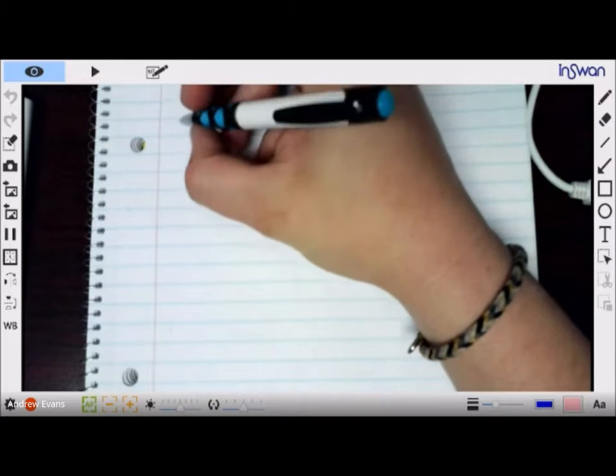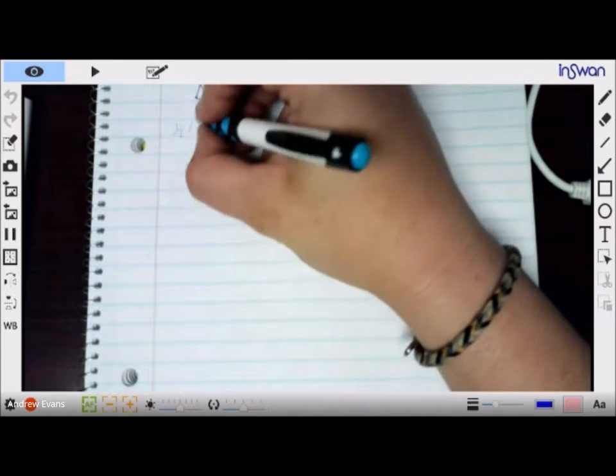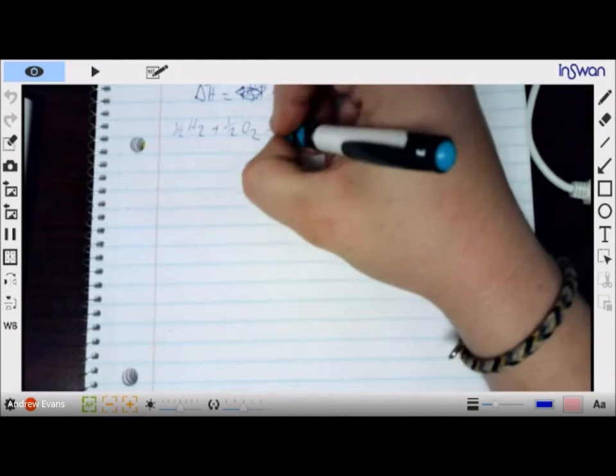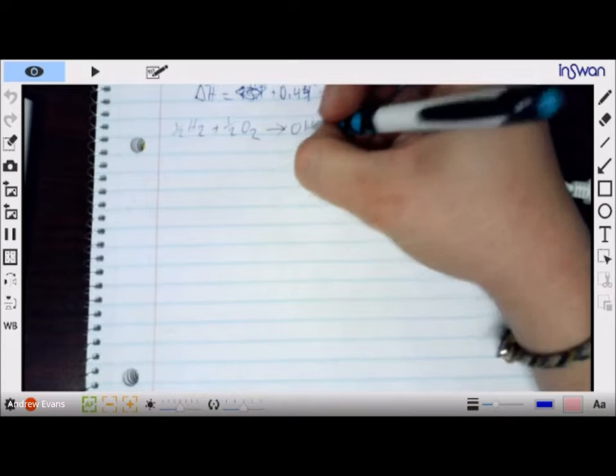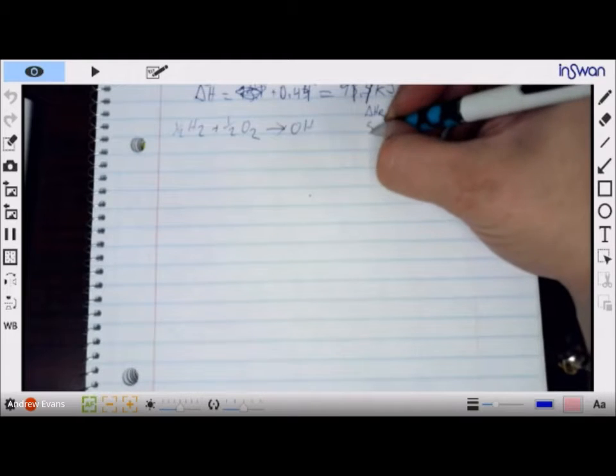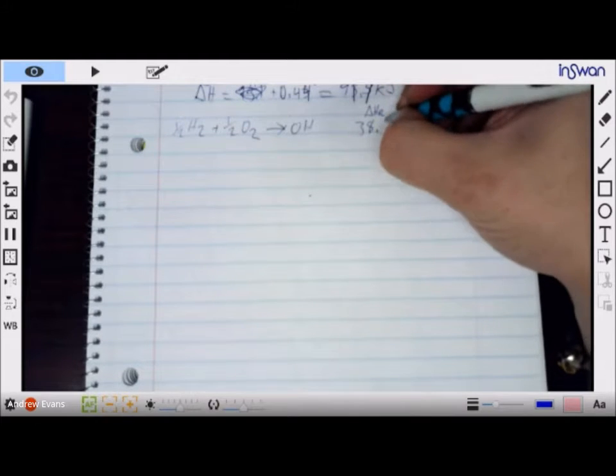Looking at number 8. Number 8 is a Hess's law problem. Using the following data at 298.15 Kelvin to complete the problem. So we have 4 equations. We have 1/2 H2 plus 1/2 O2 gives you OH gas, with delta H for that reaction of 38.95.